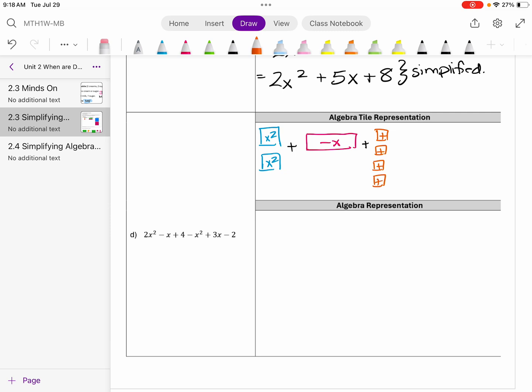Okay, then I've got minus x squareds. So I'm going to do, there we go, plus 3x's. And then minus 2.